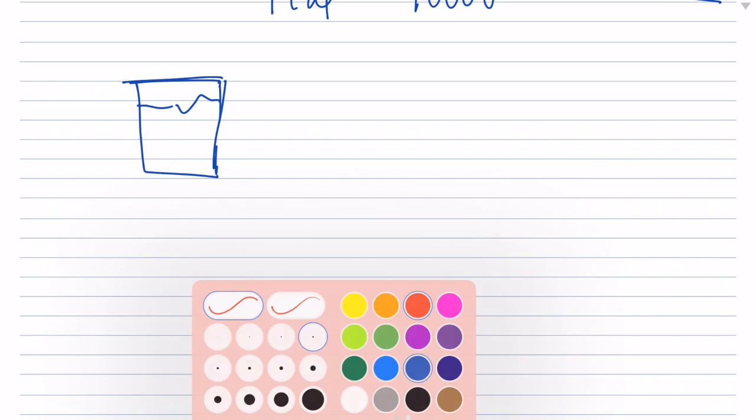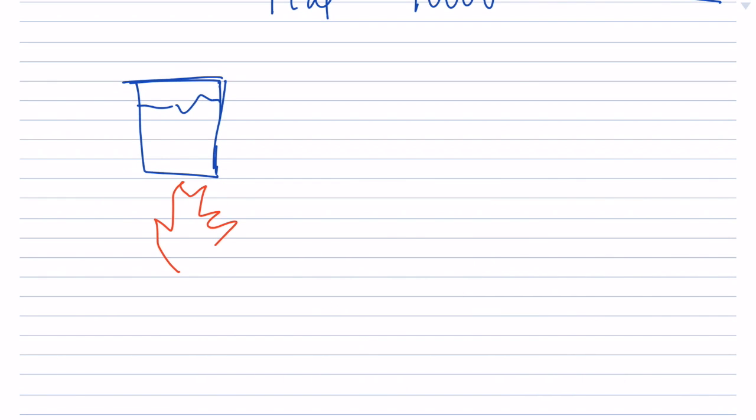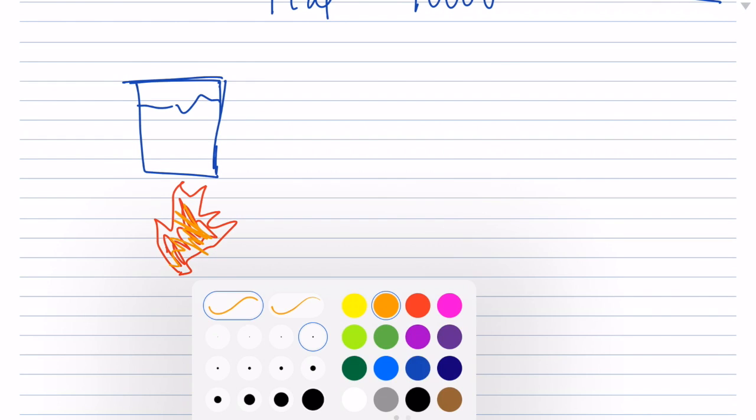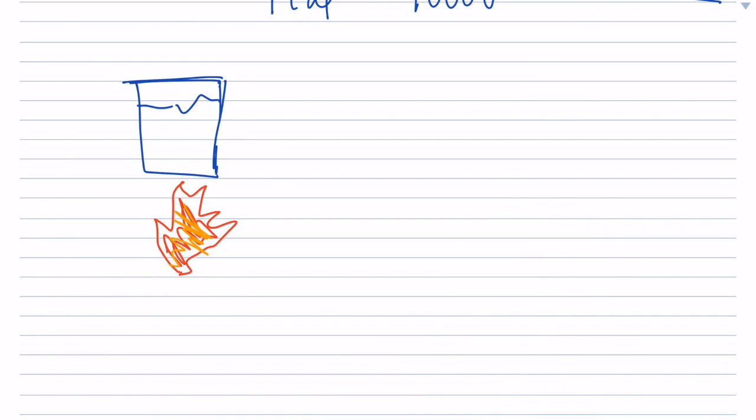So if I draw a little picture here, I've got my cup of hot cocoa and I'm heating it with my flame. Put a little color in my flame. Let's say only about 1/3 of this energy here is going to go towards heating my water.